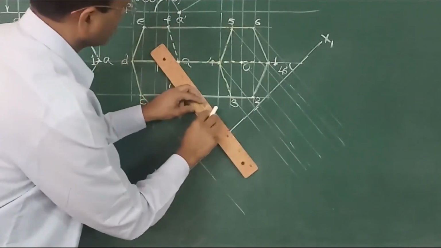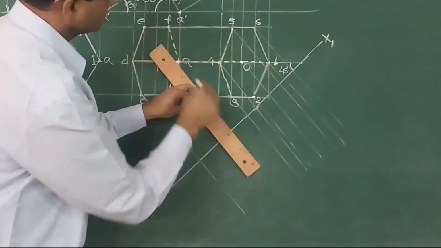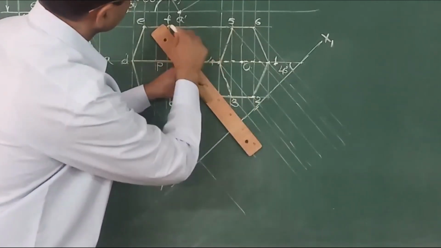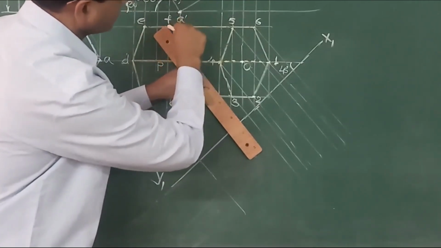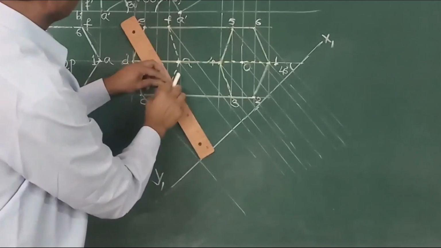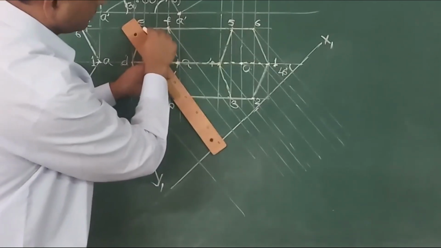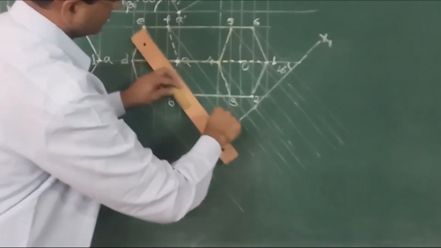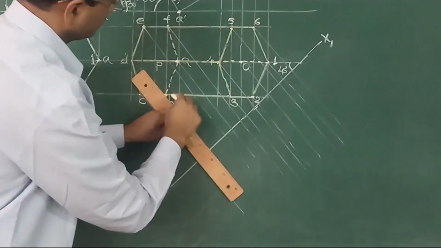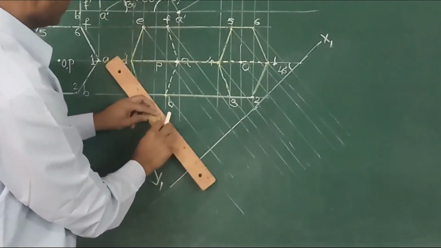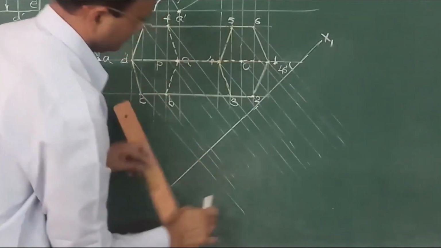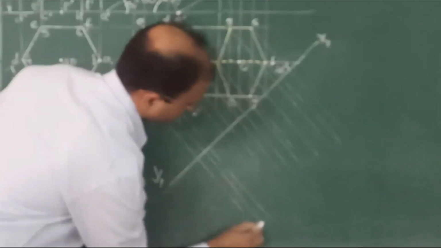Likewise, we have to draw projectors through points of the base. Then point E. Similarly, B. Then here we get that of D. So like this, we can draw all these projectors.